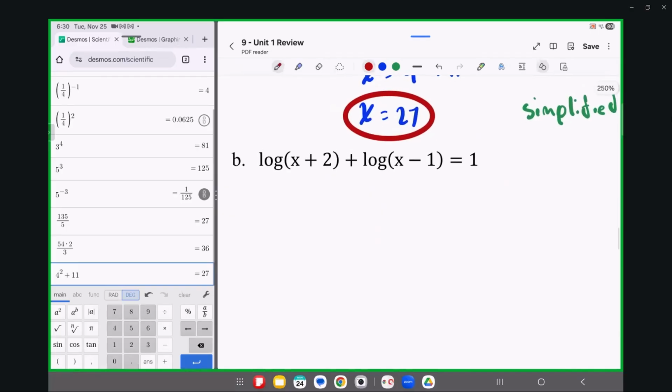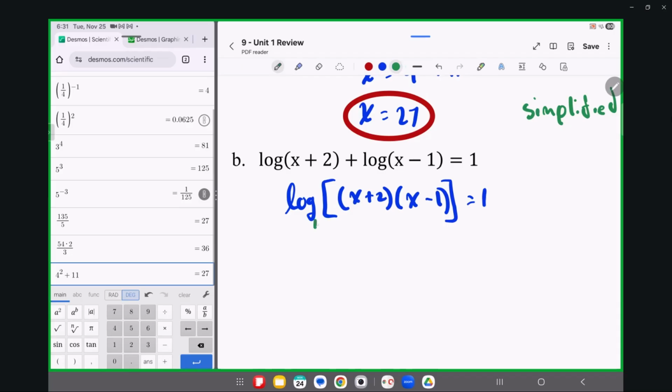For letter B, we have log of x plus 2 plus log of, in brackets, x minus 1 is equal to 1. Just like we solved this with the numerical example, we want to combine the logarithms together. So log of x plus 2 plus log of x minus 1 is the same thing as log of x plus 2 times x minus 1 is equal to 1.